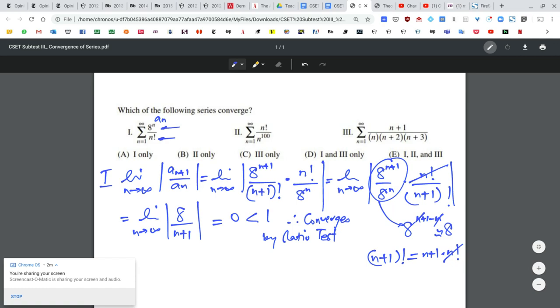The second guy, if you observe, you have an n factorial in the numerator and n to the power of 100, which is a polynomial function, in the denominator. And if I were to apply the nth term test, as n approaches infinity, infinity factorial basically will be much larger than infinity to the power of 100.